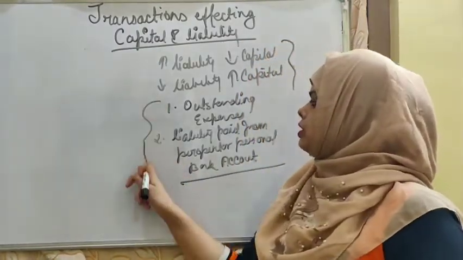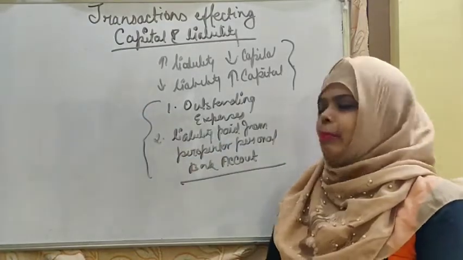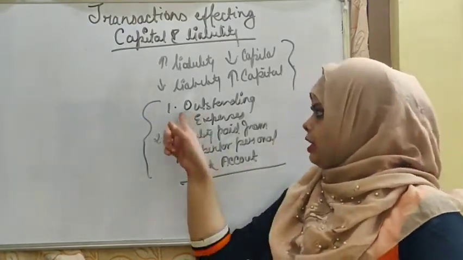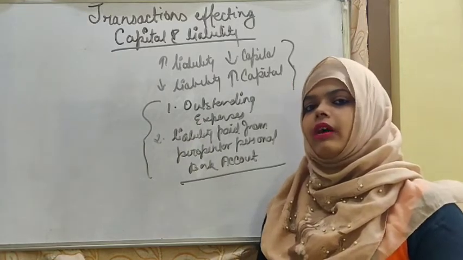These are the two transactions affecting the part of the capital and liability. Outstanding expenses means expenses which we have to pay.